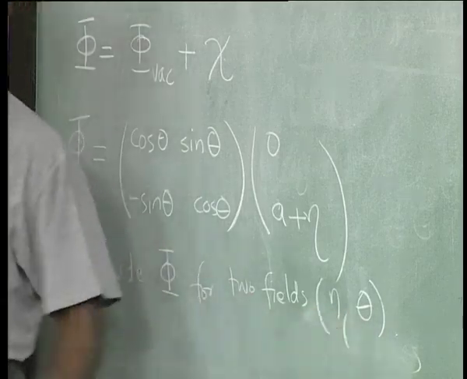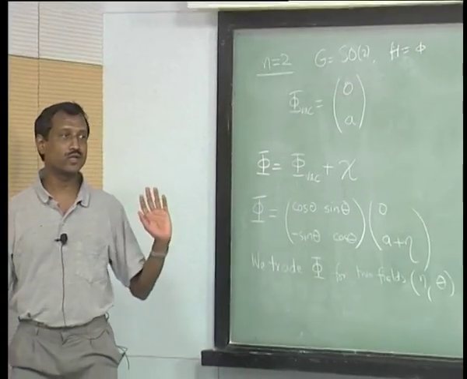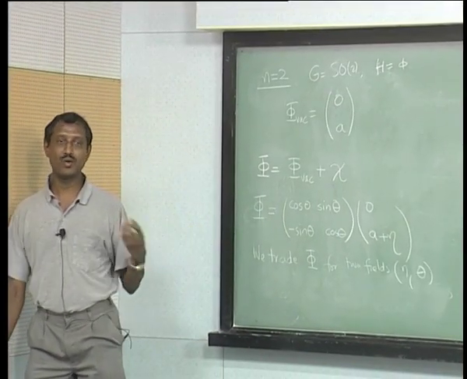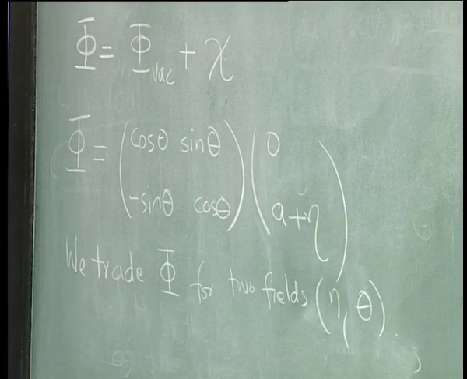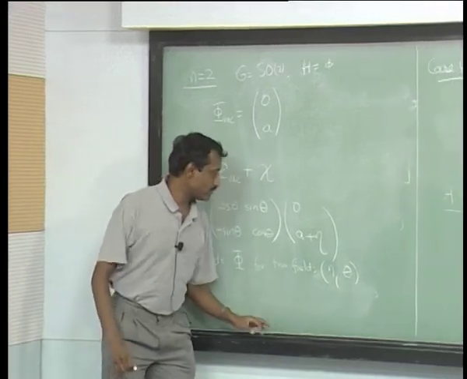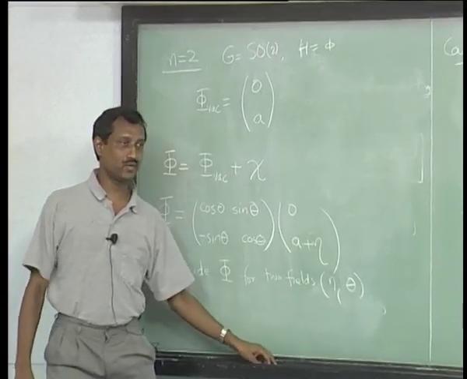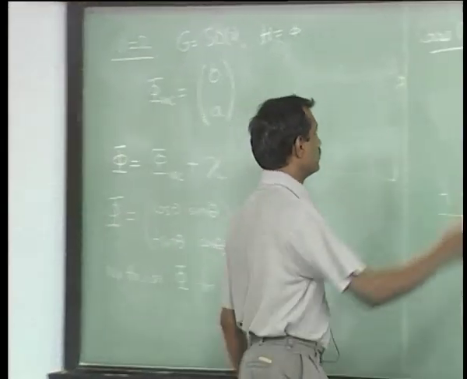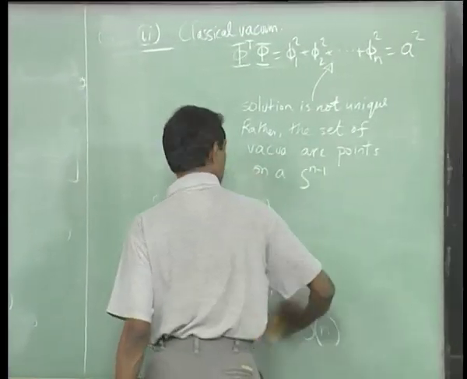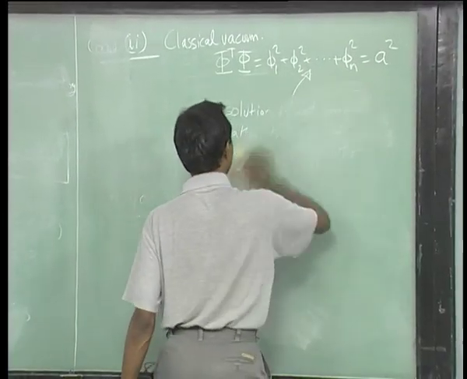If I switch off both eta and theta, I go back to the classical solution. So, I can think of taking eta and theta to be small, but what I will say does not actually require that. Okay. So, what we will do now is to plug this into the action and ask what happens.